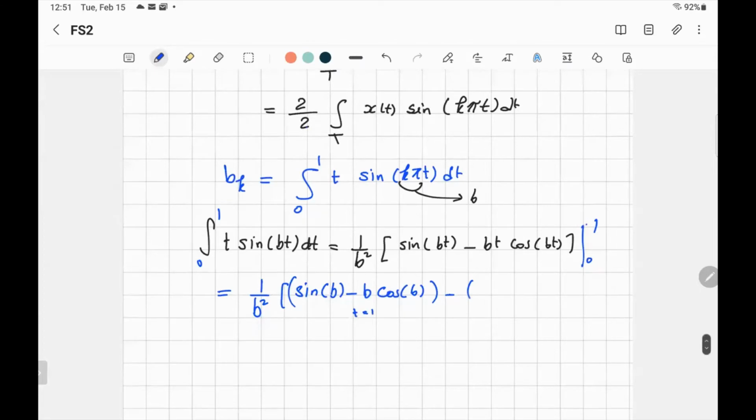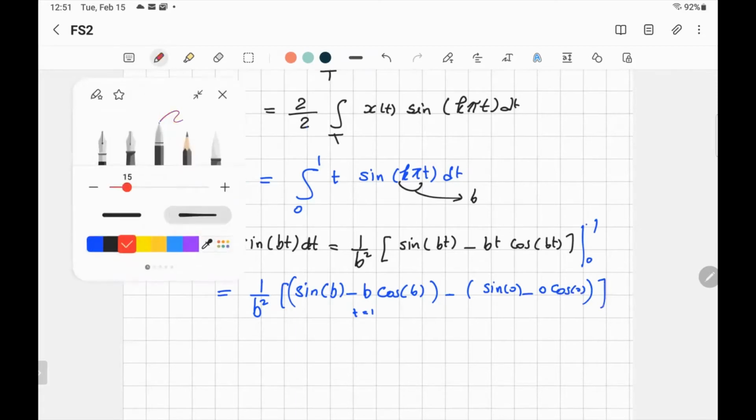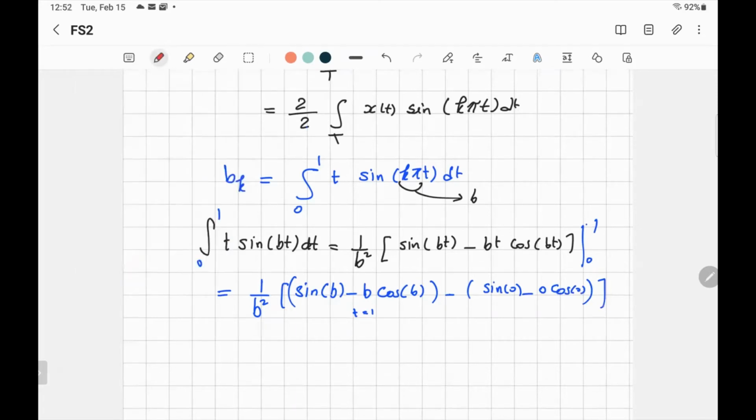Minus, when t equals 0, you have sine 0 minus b times 0 times cosine 0. Always nice to simplify. Cosine 0 is equal to 1, but multiplied by 0, so it's 0. Sine 0 is equal to 0. Gone.